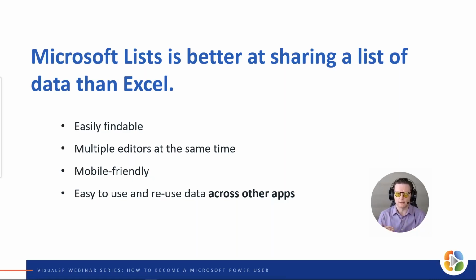It makes it more easy to find things in the list, to have multiple editors at the same time. It's more mobile friendly. It's also easier to reuse that data in your list for other purposes using other applications in Office 365. And we're going to talk about another element of that last piece, how it opens things up for you to use other applications to leverage that.